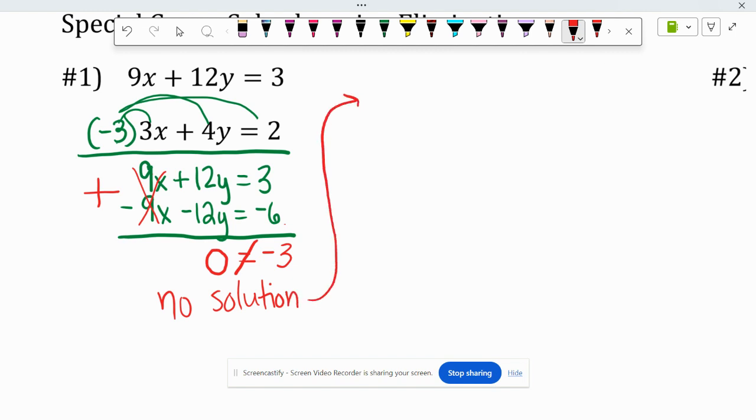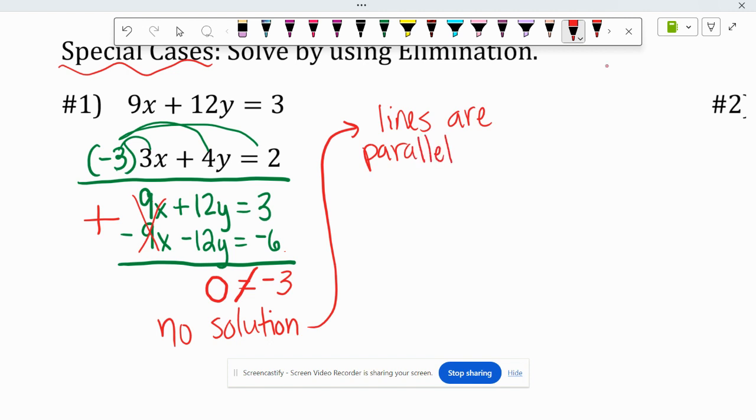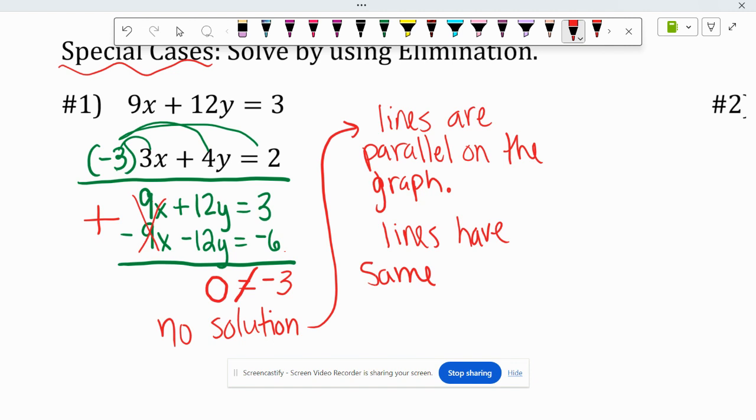Let's think about what I know about systems that have no solution, because this is called special cases. I know that if it's no solution, the lines are parallel to each other on the graph. If I were to graph these, the lines would be parallel, which means the lines have the same slope and different y-intercepts.